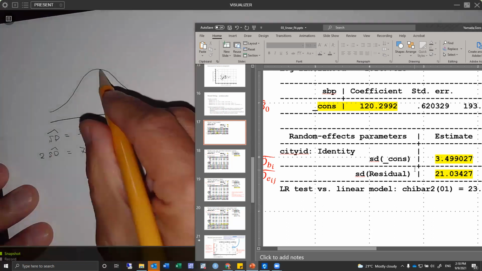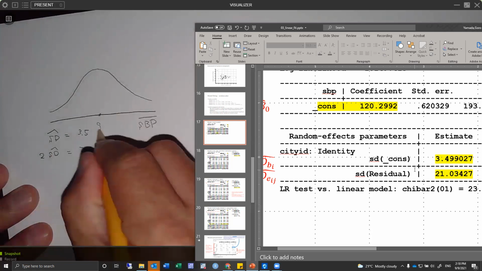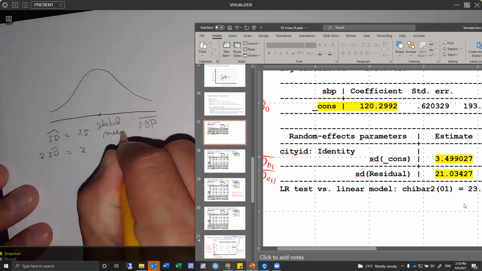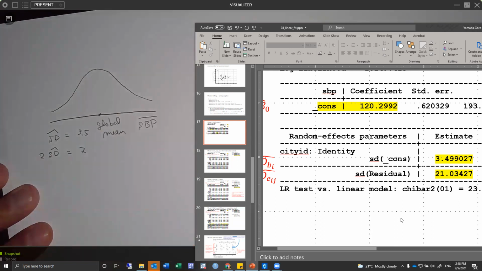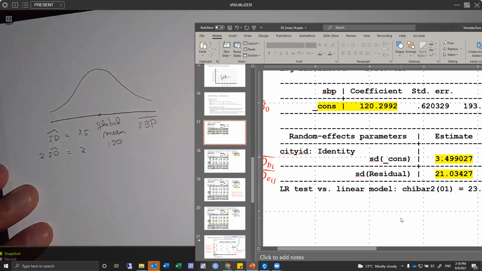And in this graph, the peak is going to be global mean, which was 120. Okay. And then distribution with 2 standard error of 7.